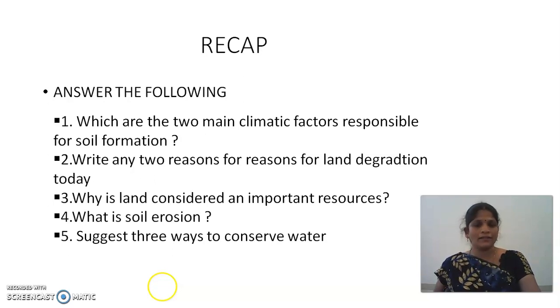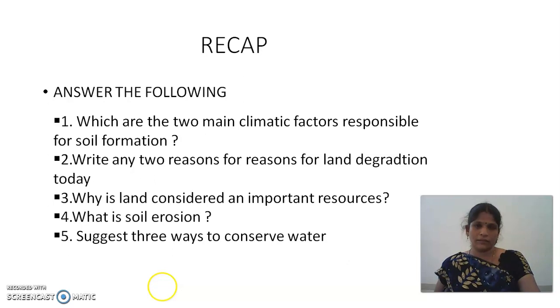Why is land considered an important resource? Land is the most important natural resource because it gives a place for living beings to live on the earth, and also it is a great community resource, as forest is present on the land, so it is considered an important resource. What is soil erosion?